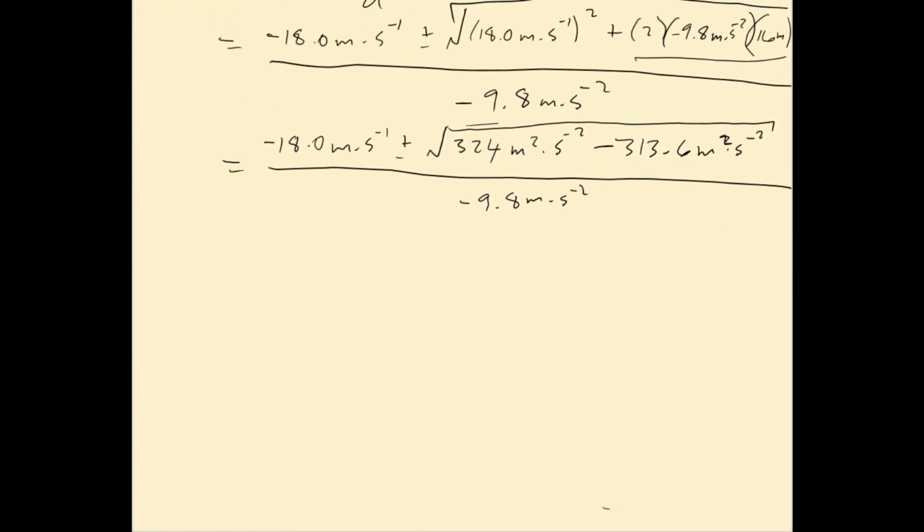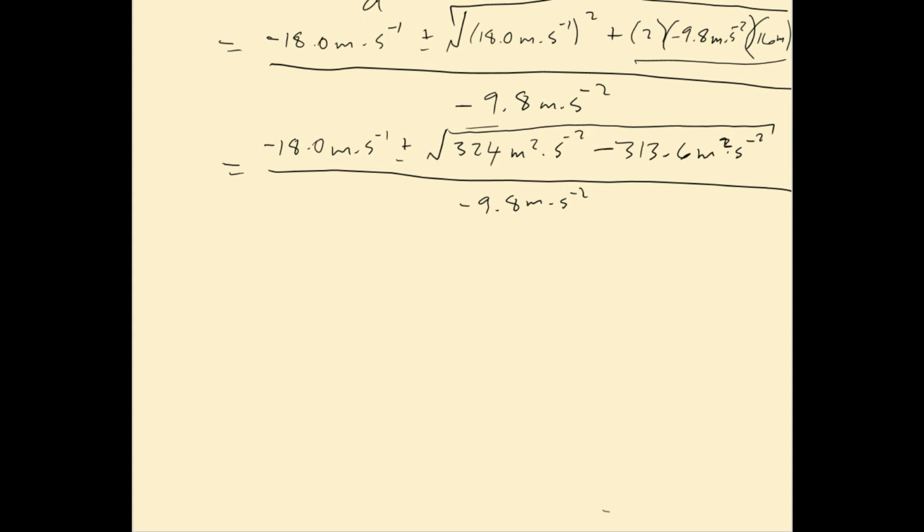If you like numbers, we can just continue. So negative 18.0 meters per second plus or minus the square root of 10.4 meters squared per second squared.